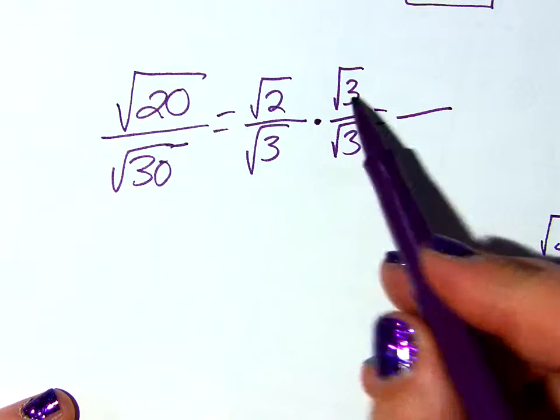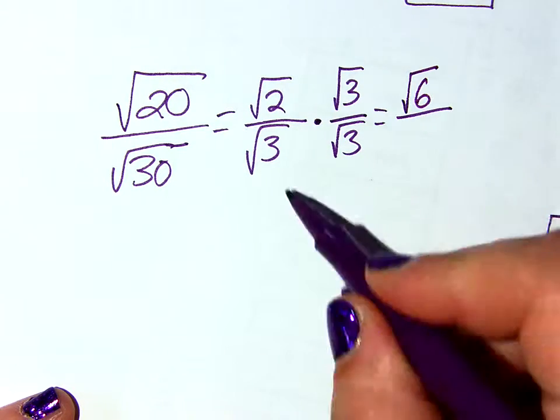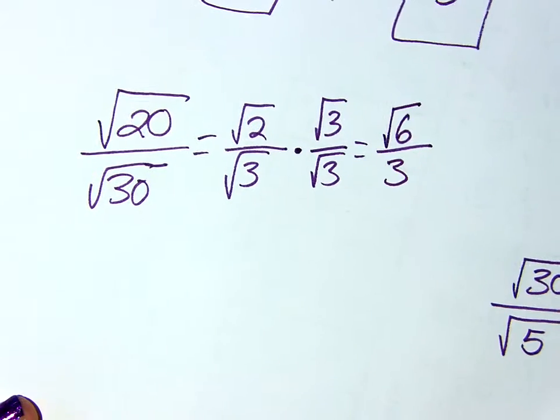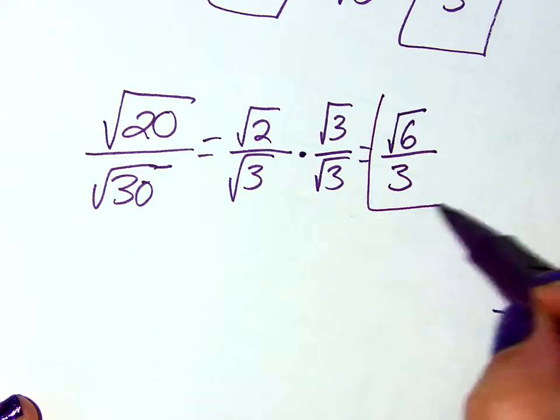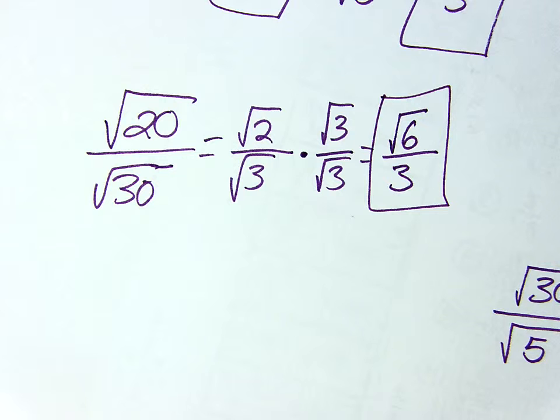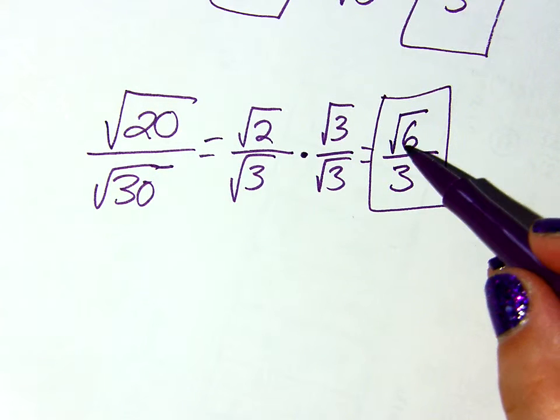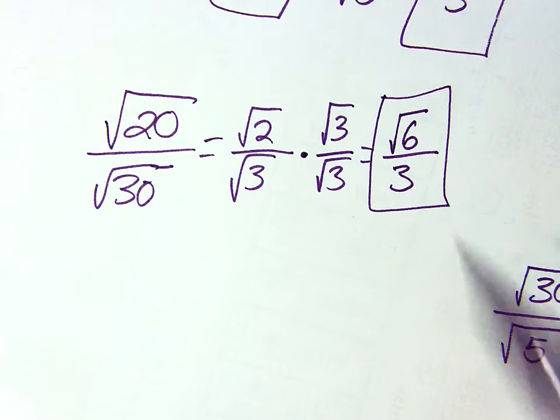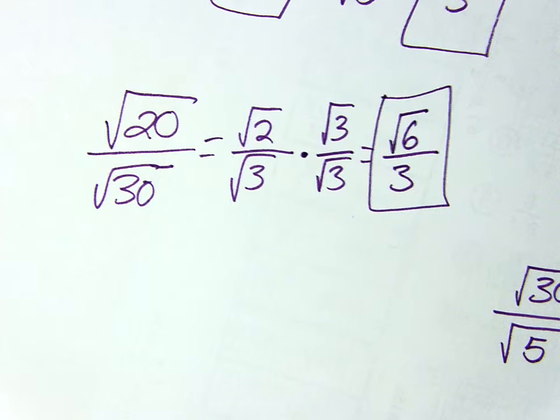So in my numerator, I get the square root of 6. And then in the denominator, what do I get? 3. Is that a good final answer? Yes! It is, and let me tell you why. You cannot reduce something that's in a square root with something that's not. They either have to both be in a square root or both not be in a square root.